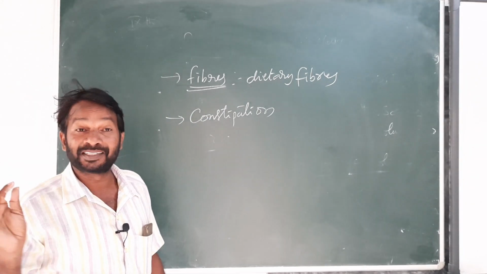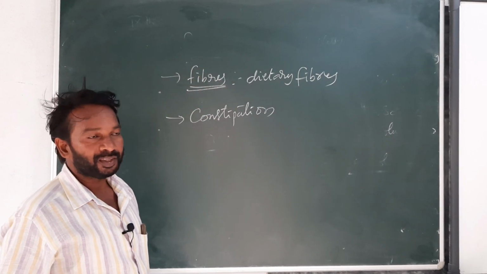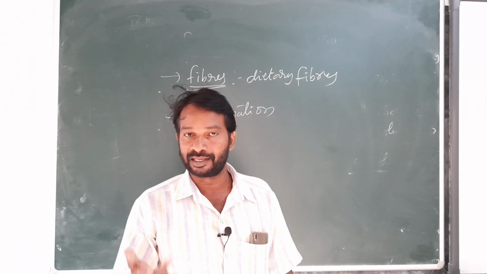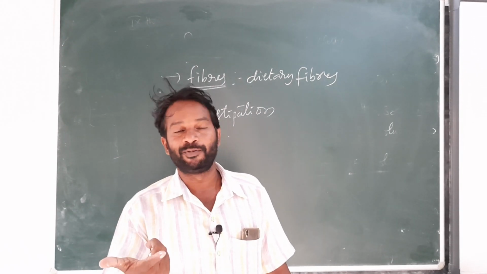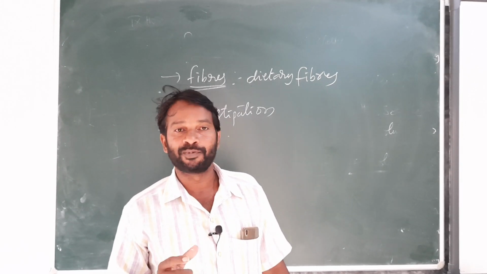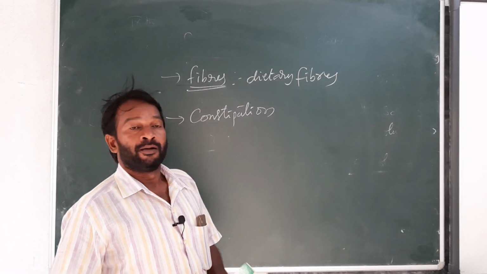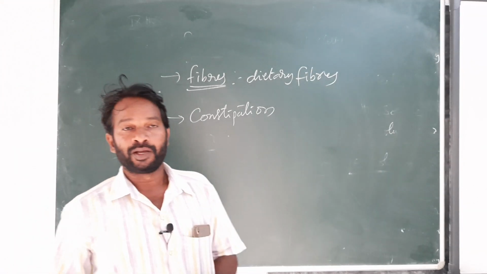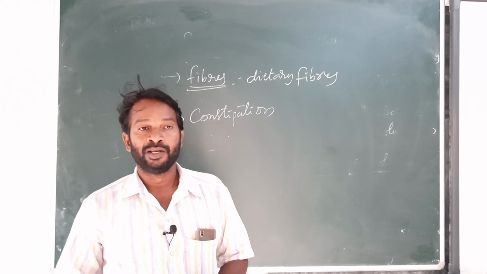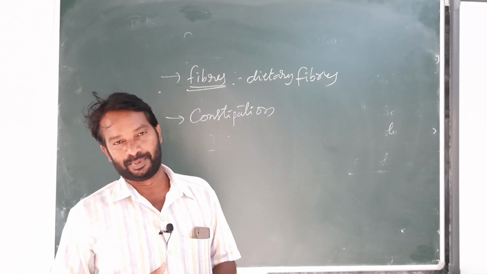Also, the peels of fruits and vegetables are main sources of fibers. Generally, we eat some fruits without peel, like banana, and some fruits along with the peels, like grapes and apple. In our homes, our mothers prepare vegetable curries, and before preparation they remove the peels of the vegetables.